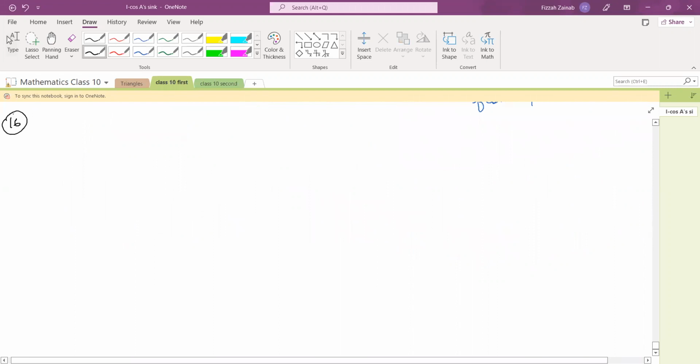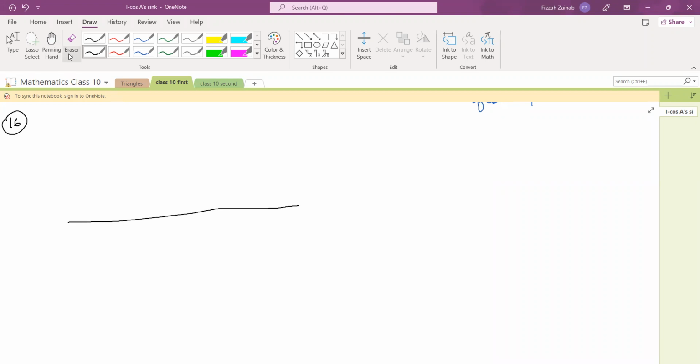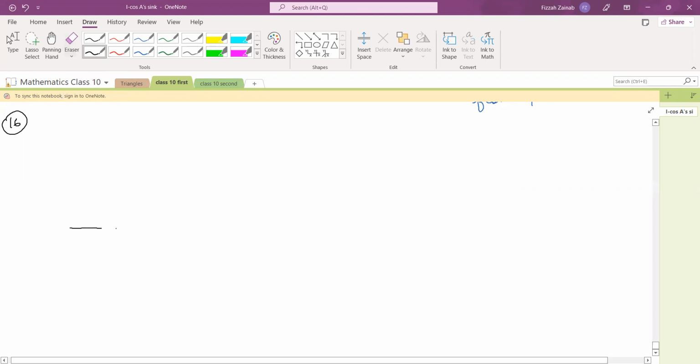The angles of elevation of the top of the tower from 2 points. First of all, draw your ground. Sorry, the ground is looking so slopey. Right, that's my ground. The angle of elevation of the top of a tower. So there's a tower somewhere.